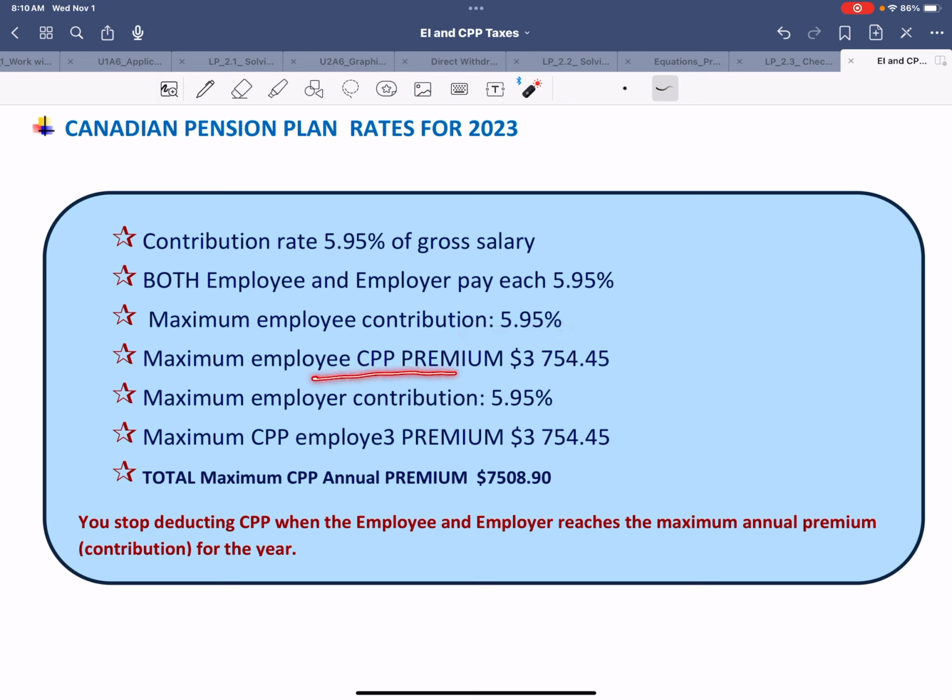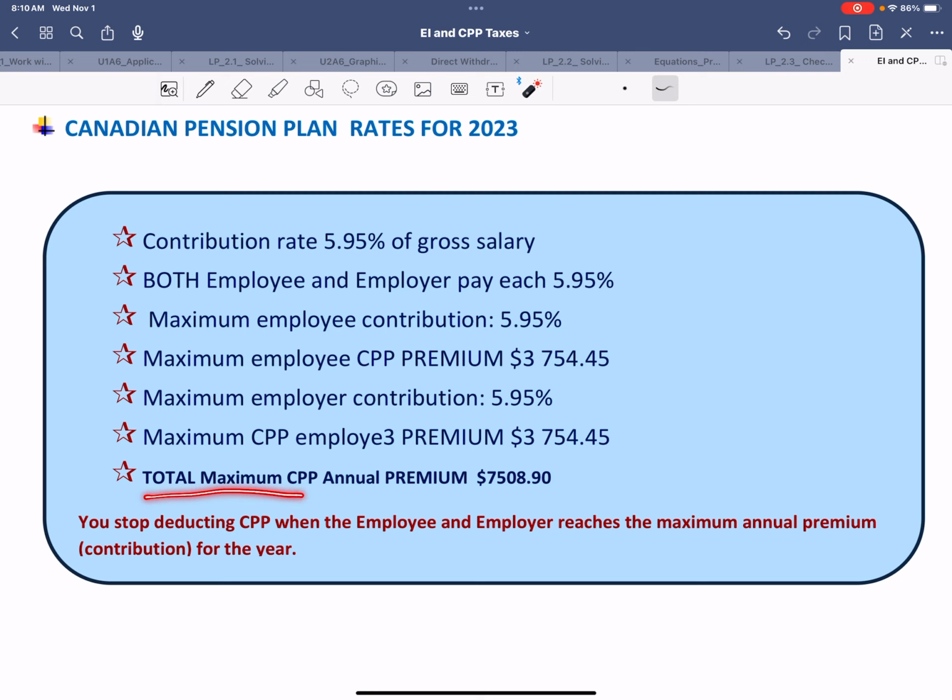and the maximum employee premium is $3,754.45, which means that once you've reached this amount, you no longer have to contribute to Canadian Pension Plan. The same thing works for the employer, so 5.95%, which amounts to $3,754.45.